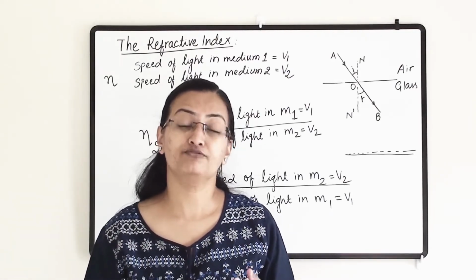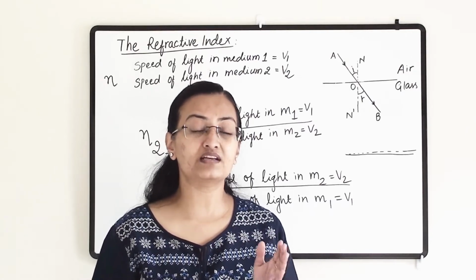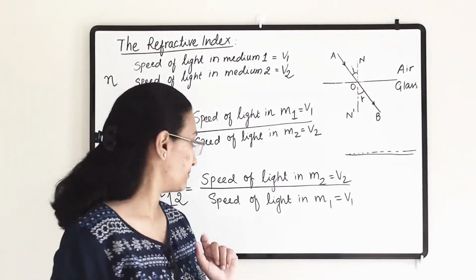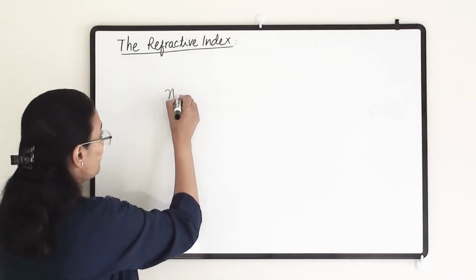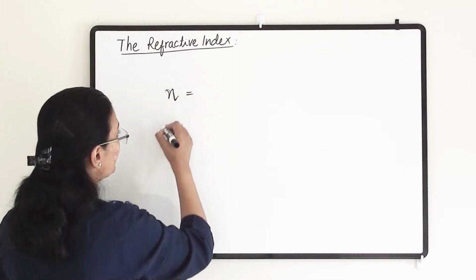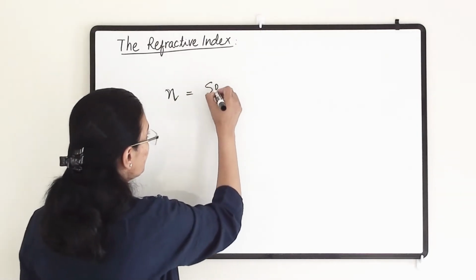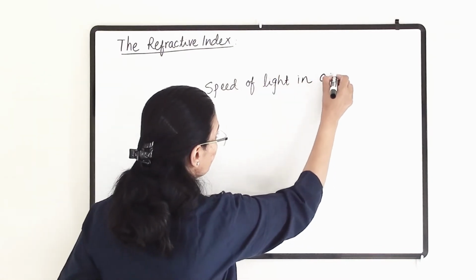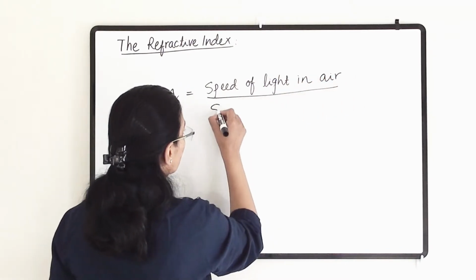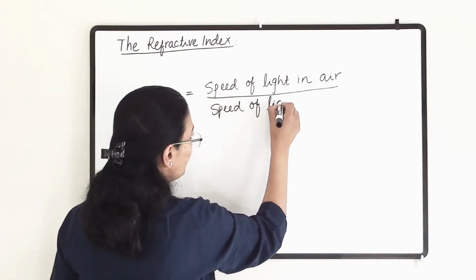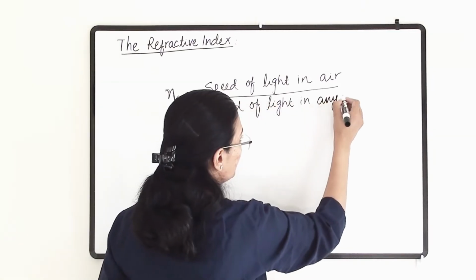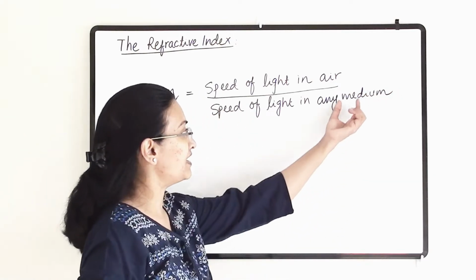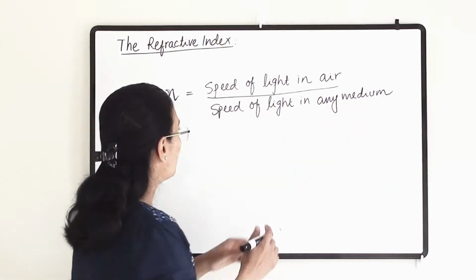Now let us write the formula for the absolute refractive index, in which one of the media will be air. The refractive index is the speed of light in air divided by the speed of light in any medium, like oil, water, glass, any medium.